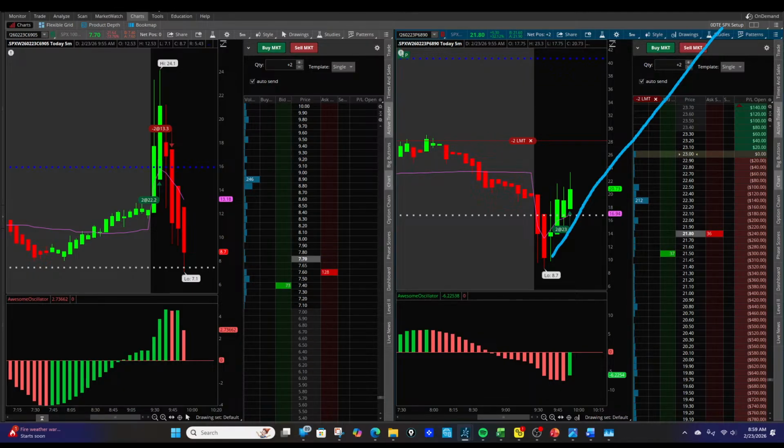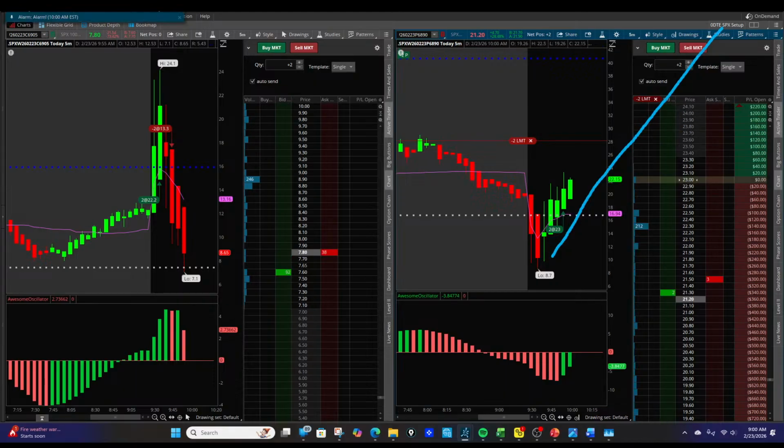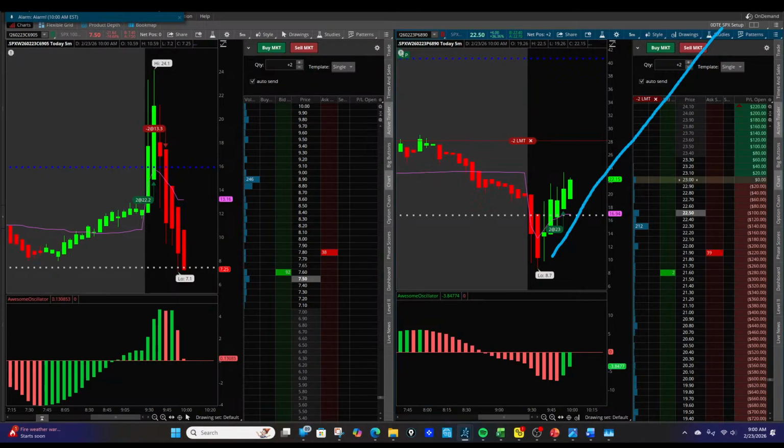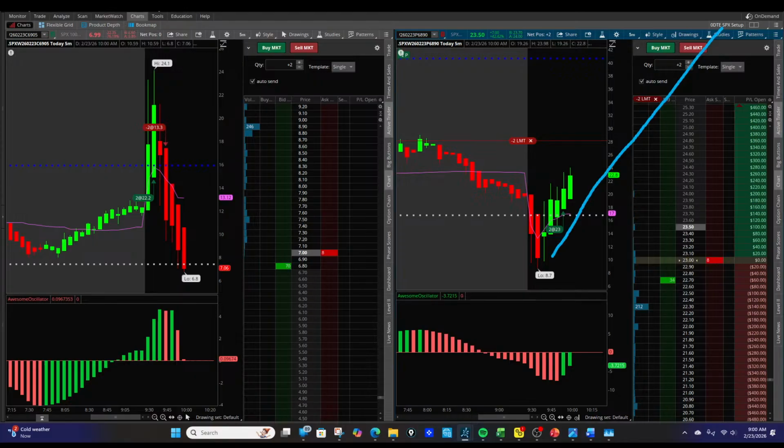I really like the Awesome Oscillator though, because it tells you exactly where the momentum is. And right now it just turned 10 o'clock. When 10 o'clock happens, things tend to move. I don't know why that is, but that just happens. Okay, so it's rising up.